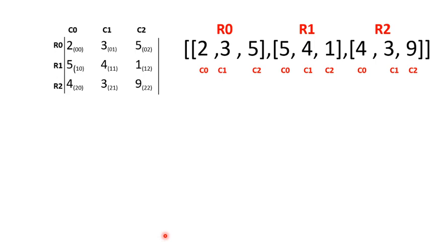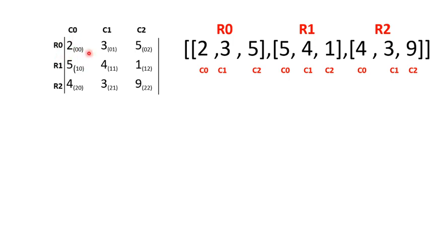Okay, now this is our matrix. Matrix is also a kind of 2D list. Here you are seeing that this is row 1, this is row 2, and this is row 3. This is column 1, this is column 2, and column 3. Here row starts from 0 and column also starts from 0.